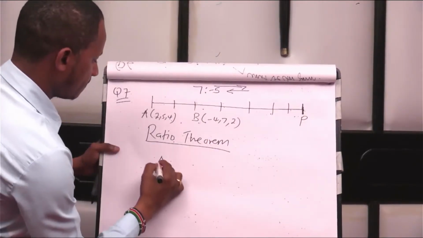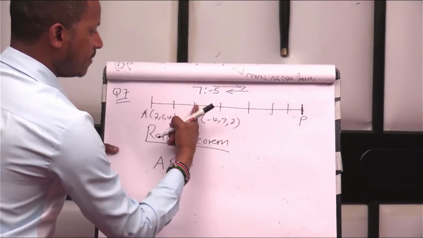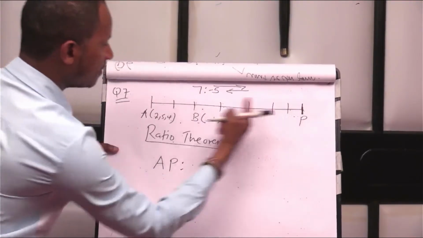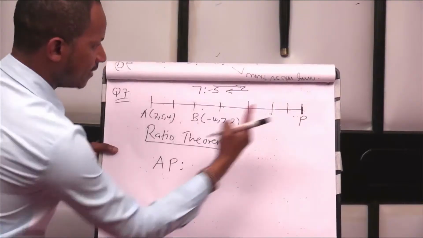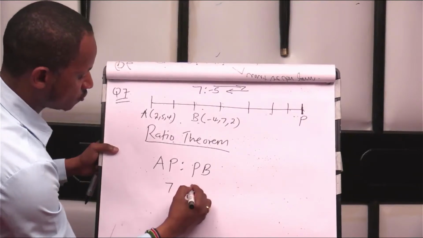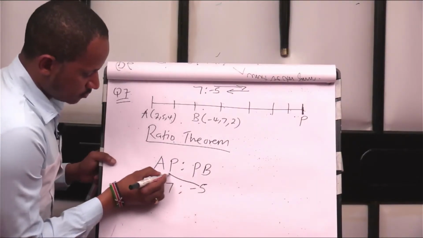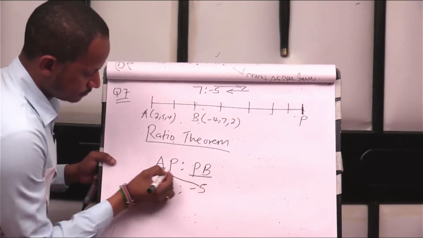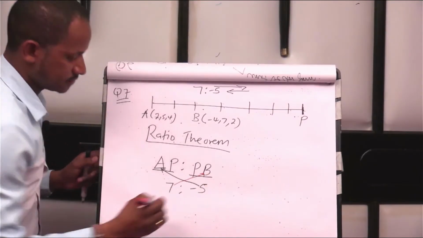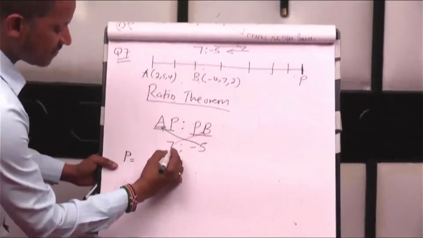So by ratio theorem, point P divides line AB in the ratio of 7 to -5. Therefore, AP ratio PB is 7 to -5. So this will take this, and this will take this. Therefore, the coordinates of point P equals 7 over the total ratio.